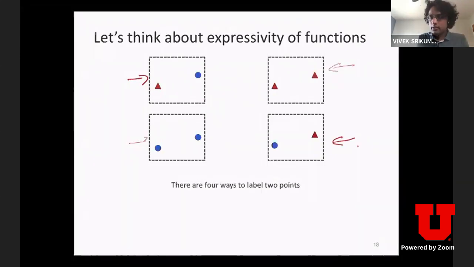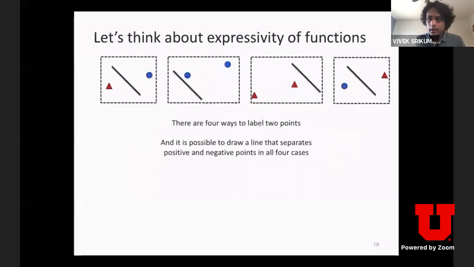Now the question is, can we draw a line that puts all the circles on one side and all the triangles on the other side, in each case separately? And the answer is, of course, yes. If the 2 points are labeled differently, I can put the line in between them. So that's this case and this case. If the 2 points are labeled identically, I can put the line on one side, just away from them.